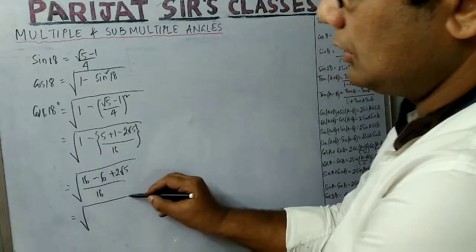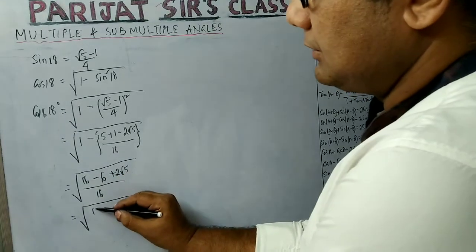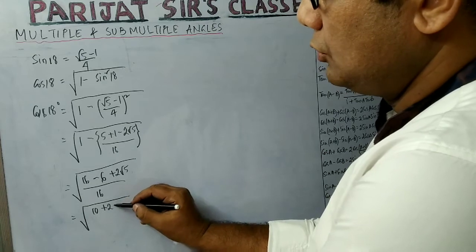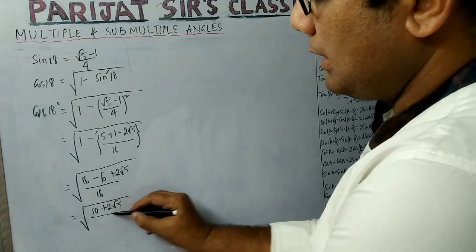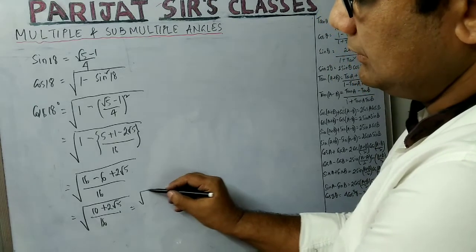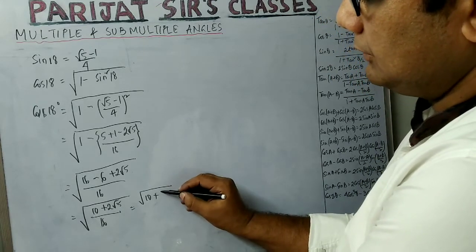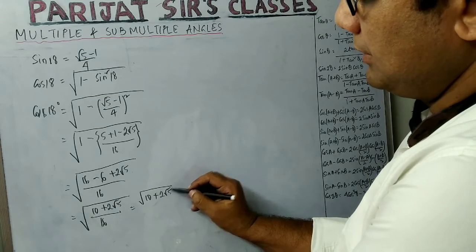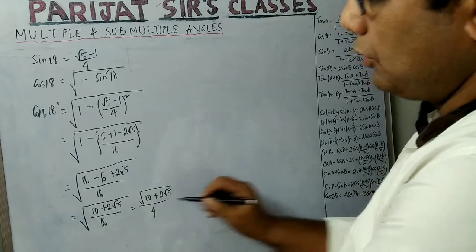So this value comes out to be 10 plus 2√5 by 16, and this will be coming out as √(10 + 2√5)/4.